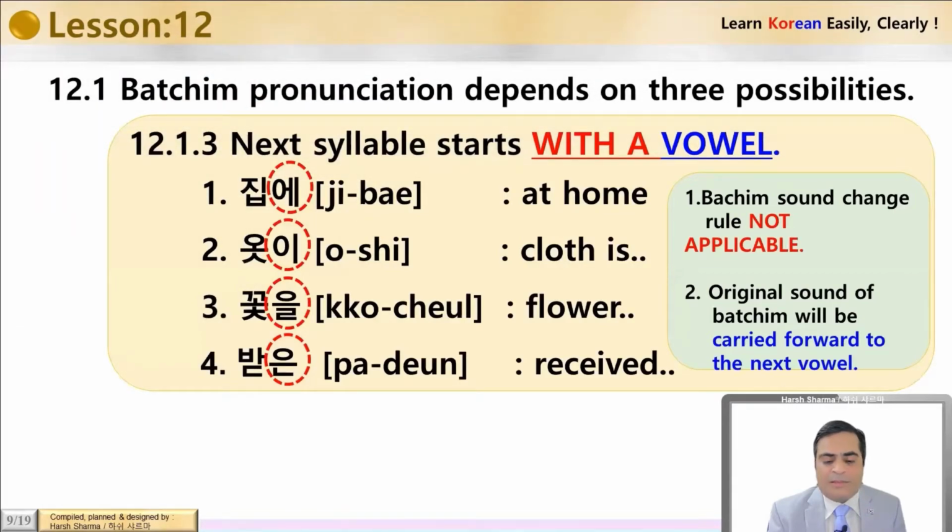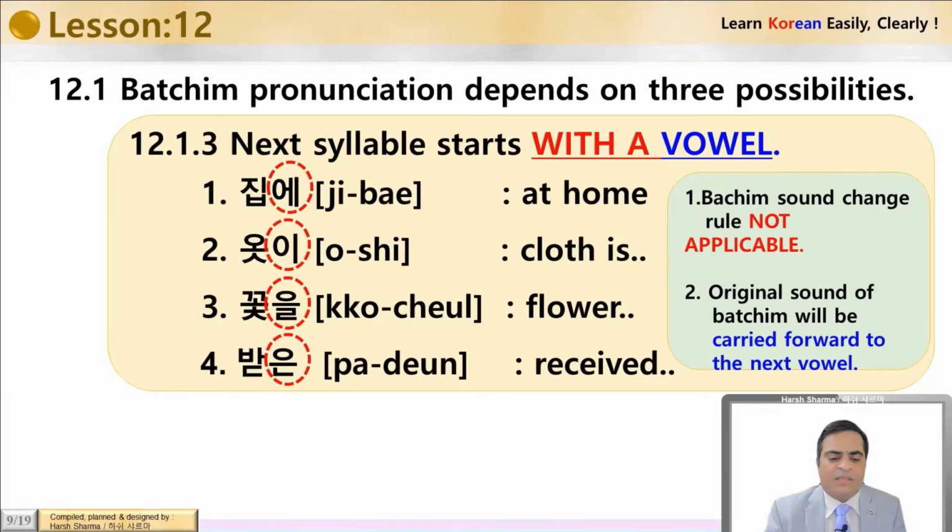The third possibility, please understand it carefully. The next syllable starts with a vowel. See number one word, chip. After the Batchim, what is the vowel? A. Number two word, after the Batchim sa, what is the next syllable? It is E. That is also a vowel. Number three, Batchim is cha.